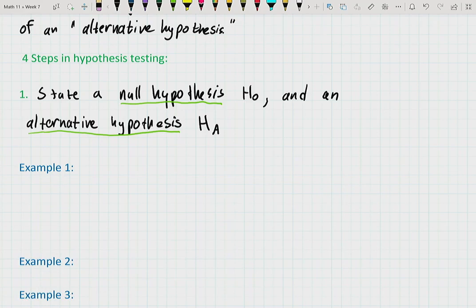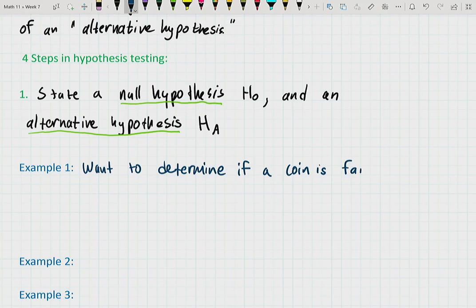We're not saying which side it favors, but let's say you have a friend who claims this coin is unfair. So you want to determine if a coin is fair or not. To do so, how about you flip it a bunch of times and you let P be the proportion of heads that come up.